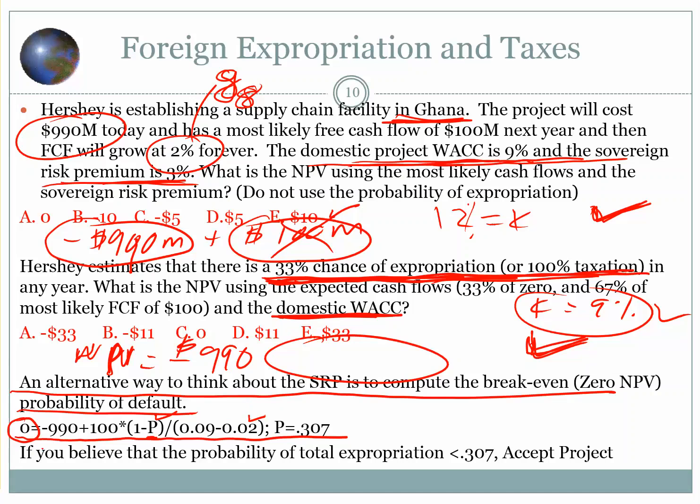I would say the NPV is minus 990 plus 100 times the probability of keeping my money, 1 minus the probability of expropriation, over K minus G. It turns out that if you think there's a less than 30% chance of expropriation, we'll go ahead and do the project.